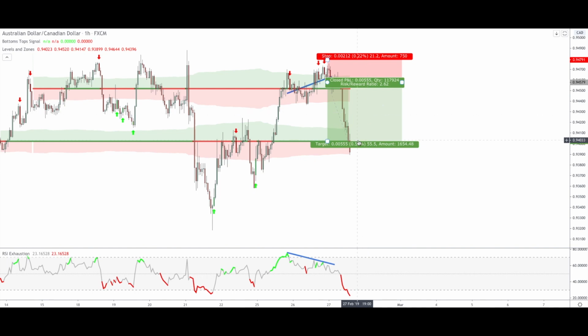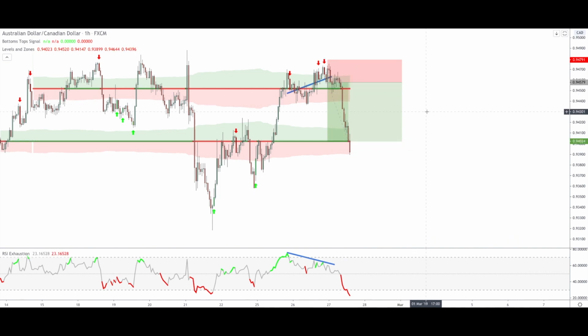If you were more on the aggressive side, maybe looking at how the price was moving, you could have set a second target even lower, so you could have closed part of your trade at this level here, and then closed a second portion of your trade even lower.